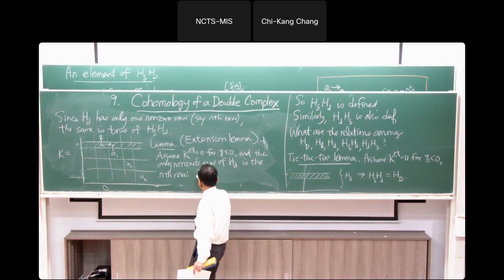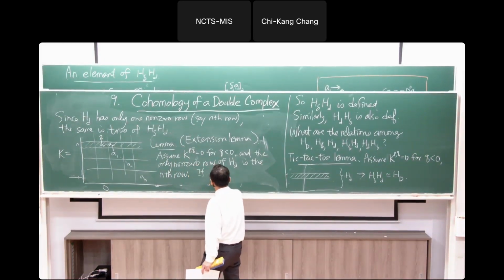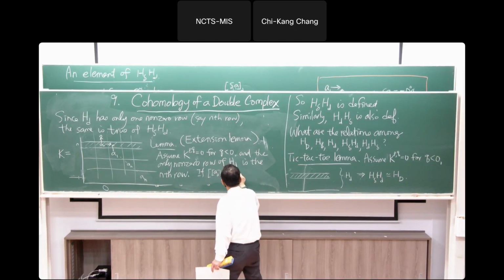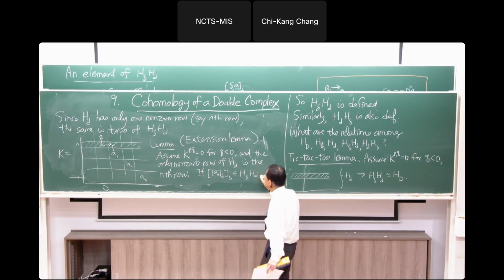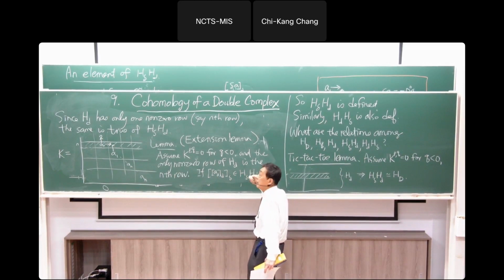And then if you start with an element in H delta HD, in the nth row, right? So it's in the nth row would be some Pn.